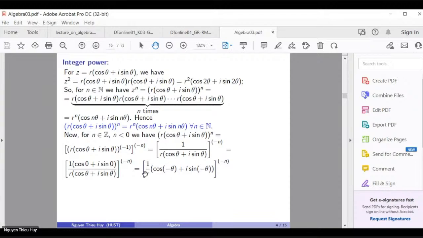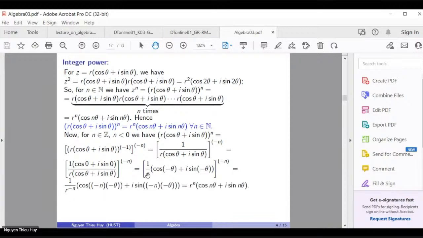Okay, now you already have the polar form, and now minus n is a positive integer. Then you can apply the blue formula here, because this formula is true for n in the set of natural numbers, right? So that applies that formula.